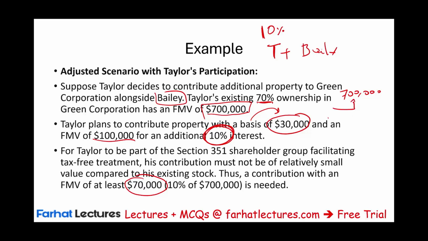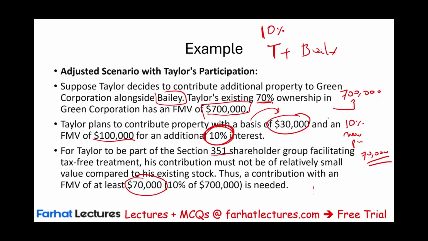So for Taylor to be counted in this contribution to qualify under Section 351, he must contribute at least 10% new property. 10% means the fair market value of the new property has to be at least $70,000. A substantial amount, so he can be counted. $100,000 is more than $70,000.